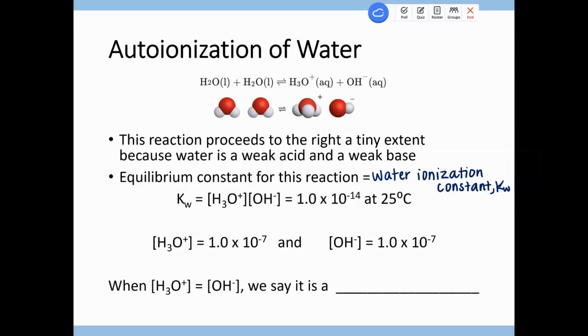So if H3O plus concentration equals OH minus concentration, we say that it is a neutral solution. We have equal amounts of H3O plus and OH minus.